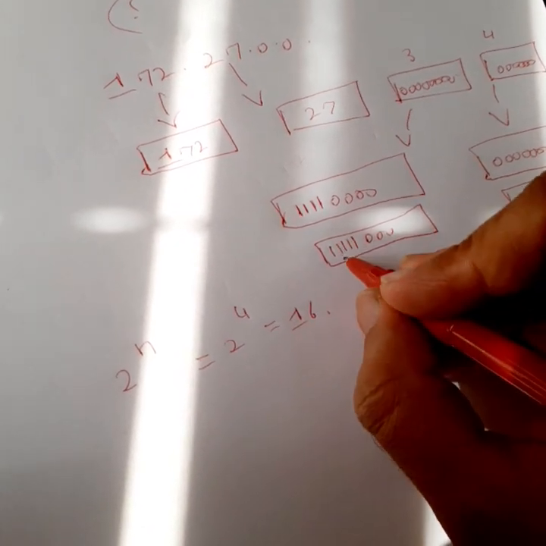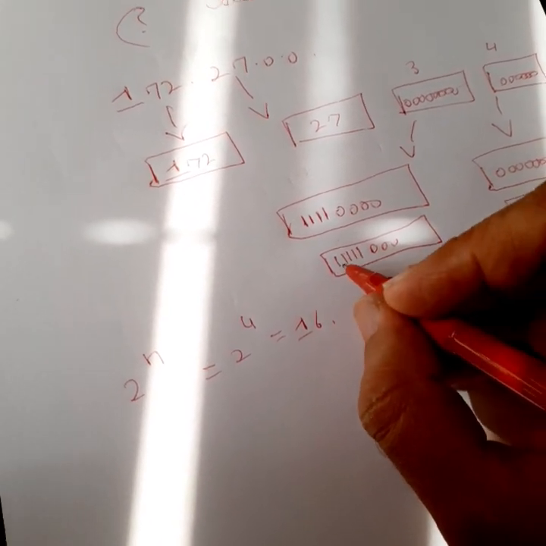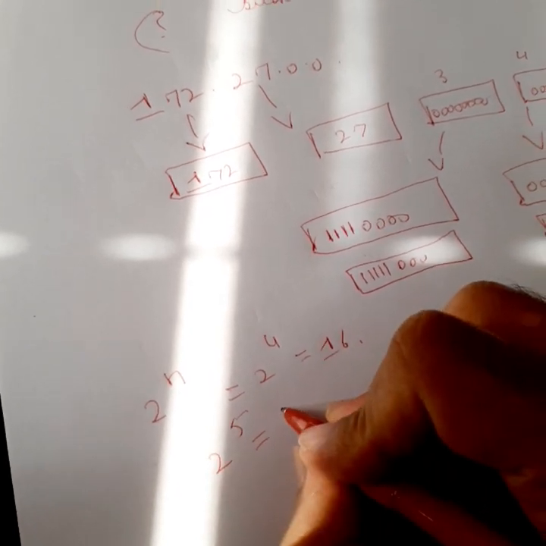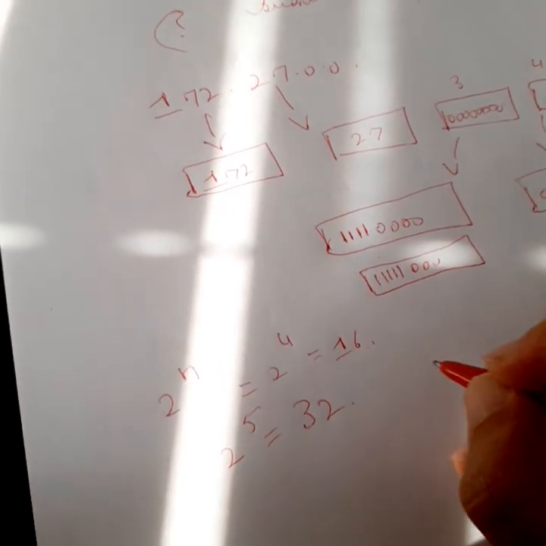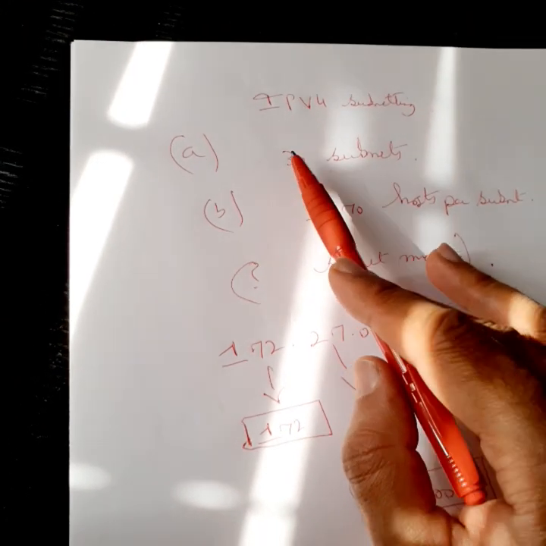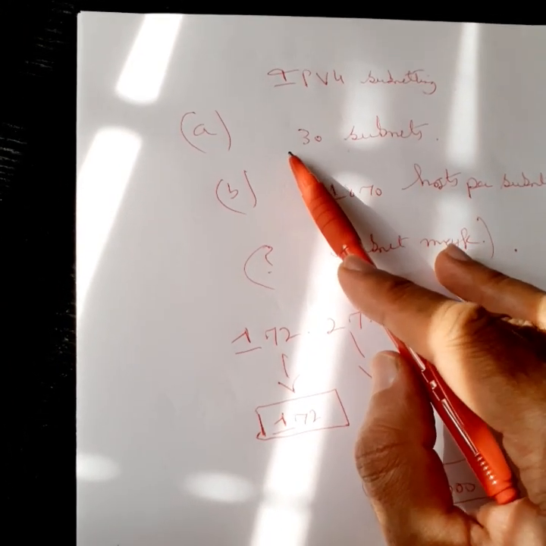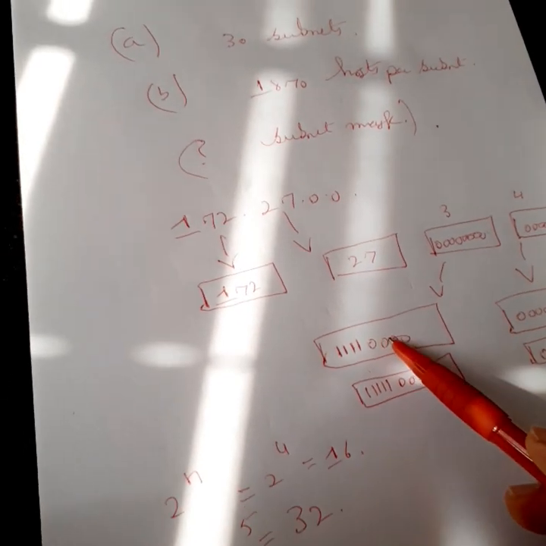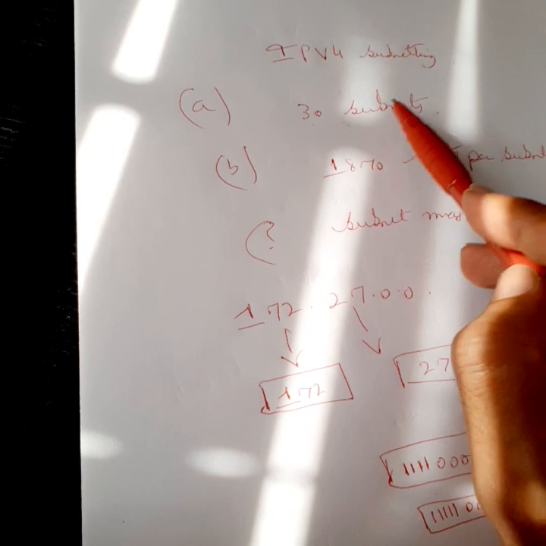Adding all the ones, it comes to 2 to the power 5, which is 32. So we are very close. 2 to the power 5 gives us 30 subnets.